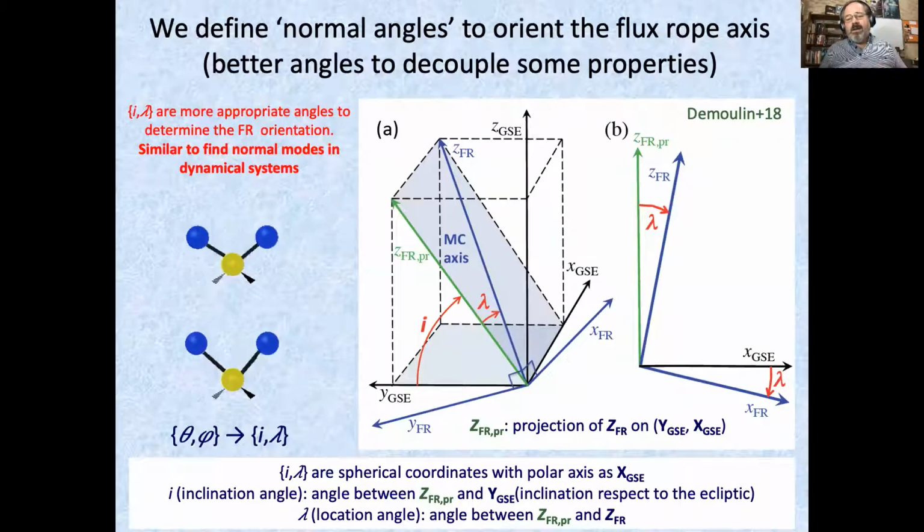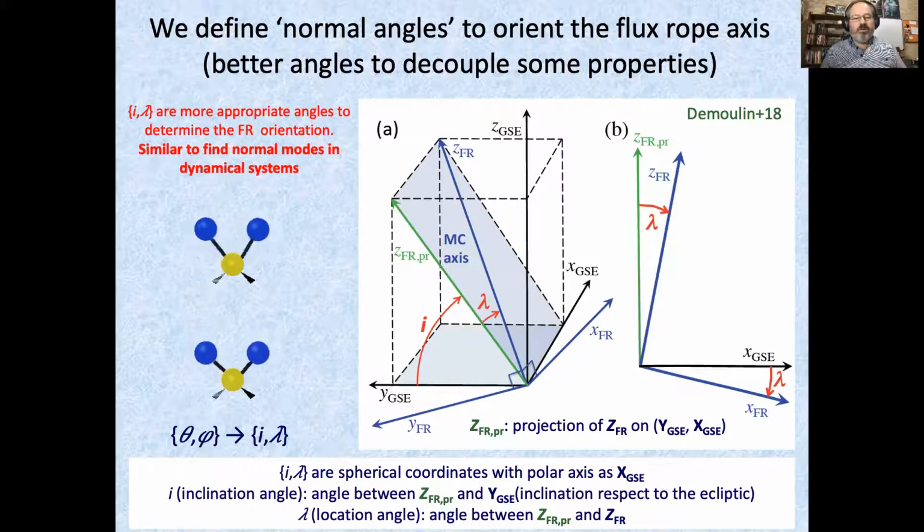On the other hand, entering deeper into the orientation of the flux rope, let me revise a recent result of Demoulin et al., where we show that the most appropriate angles to describe the flux rope structures and the orientation in the solar wind are lambda and I, and not theta and phi as typically used since the 80s.